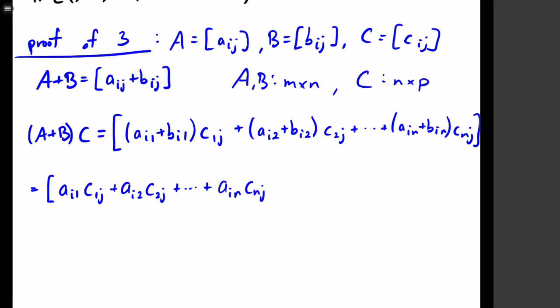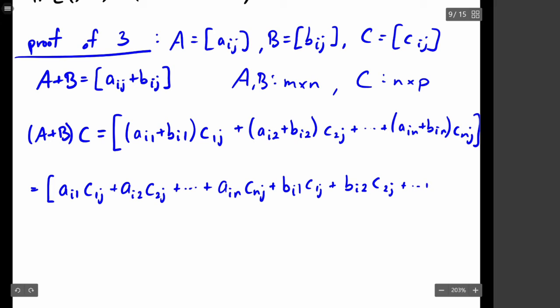Right? So if we do the first parts of all of these, we get these. And now we'll do the same for B's. So B_i1 C_1j plus B_i2 C_2j all the way up through B_in C_nj.